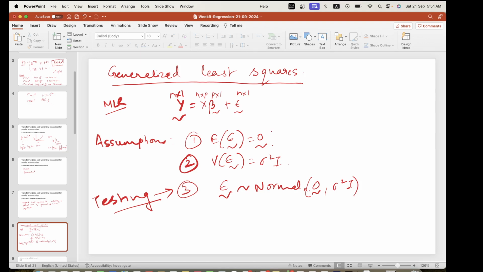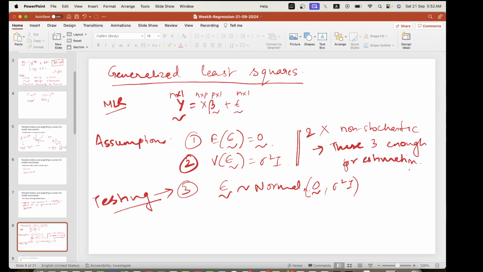Otherwise, for estimation, these two and x's being non-stochastic is enough. So these three are enough for estimation, that is, to get the estimates of betas.